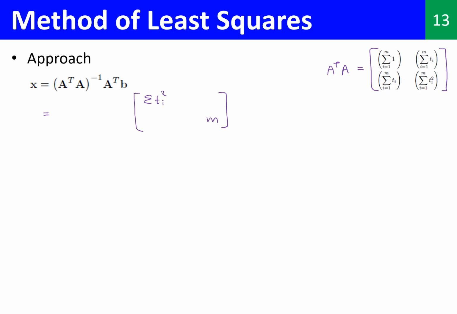And when the sign changes for the off diagonal terms, we get minus sigma ti, and again the same thing here, and this should be divided by the determinant, which is equal to m times sigma ti squared minus sigma ti, this whole thing squared. Okay, so that is the inverse of A transpose A.